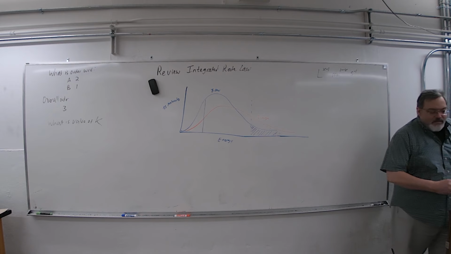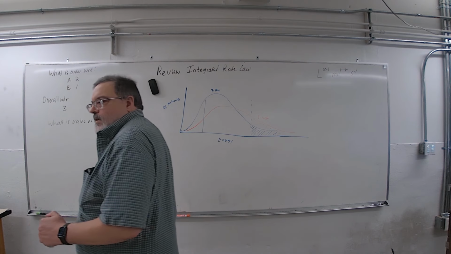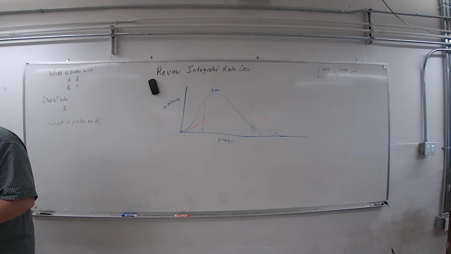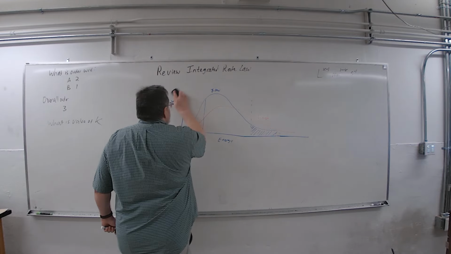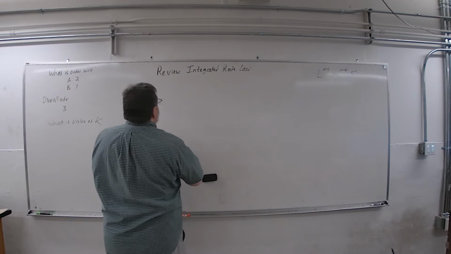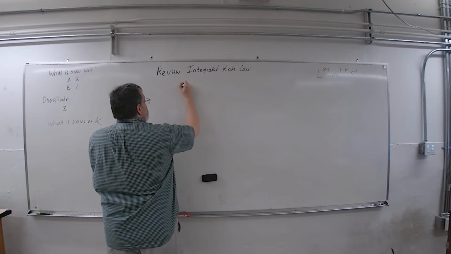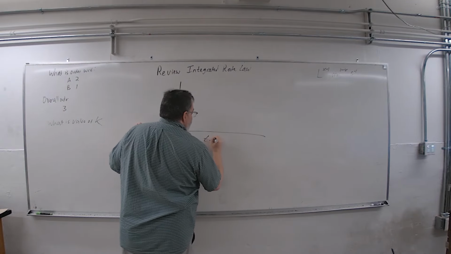I did this last semester. Did you guys do energy diagrams last semester in your 12, 11 classes? This came up when you talked about delta H. The energy diagram. You can think of this axis as time.